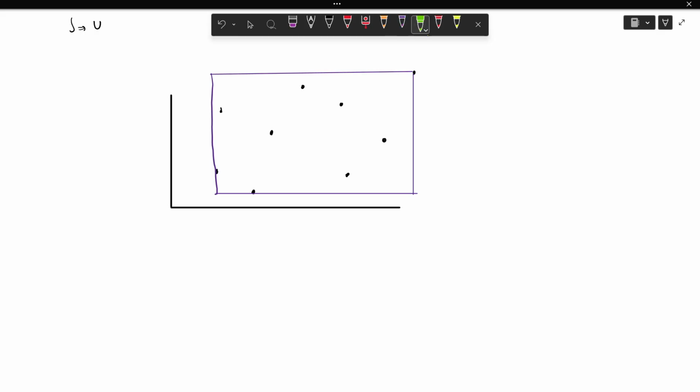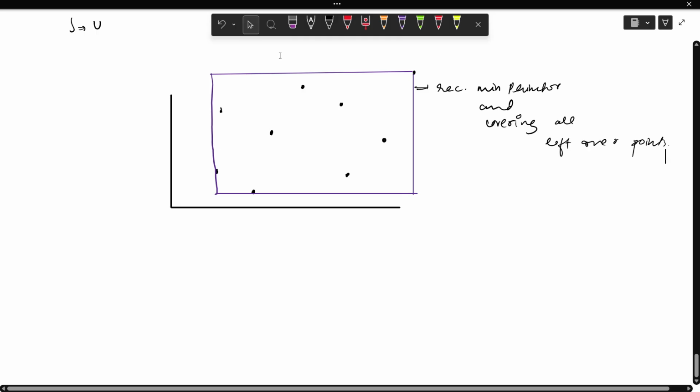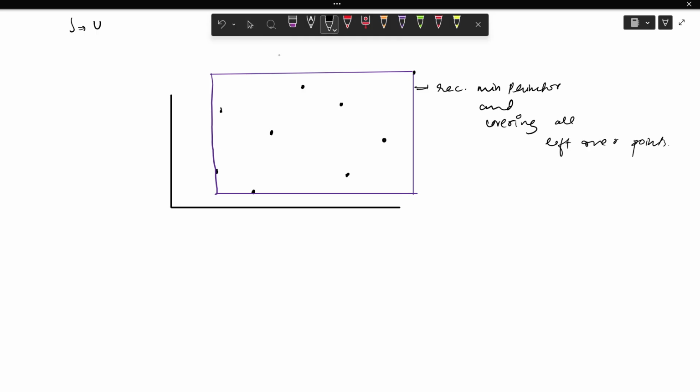I think this rectangle is the rectangle with the minimum perimeter covering all leftover points. So how can we define this perimeter?